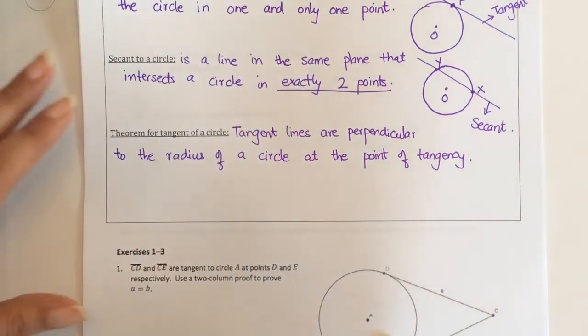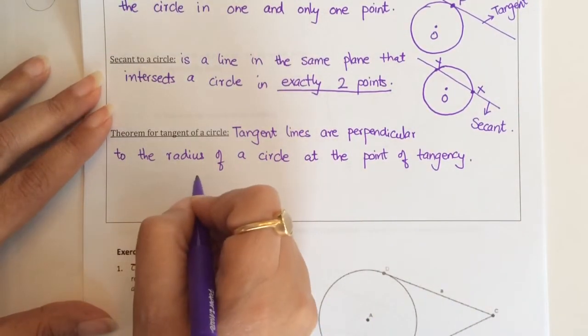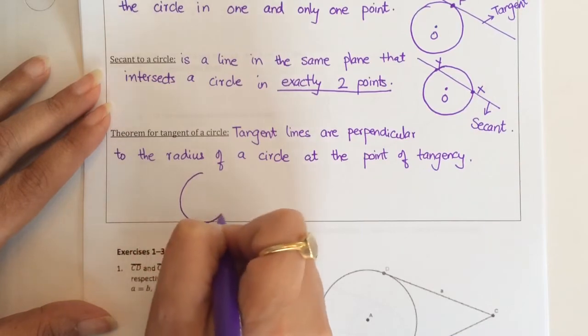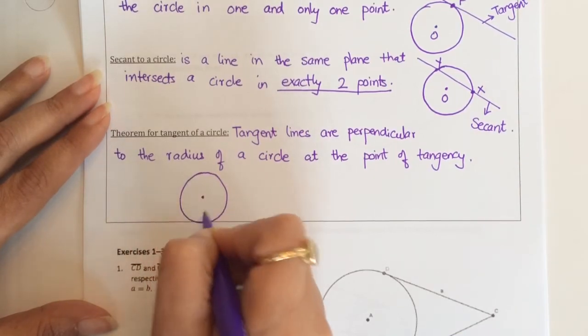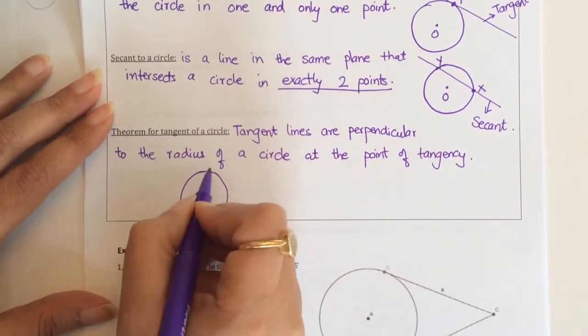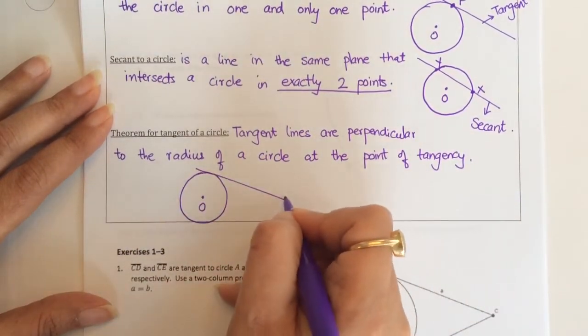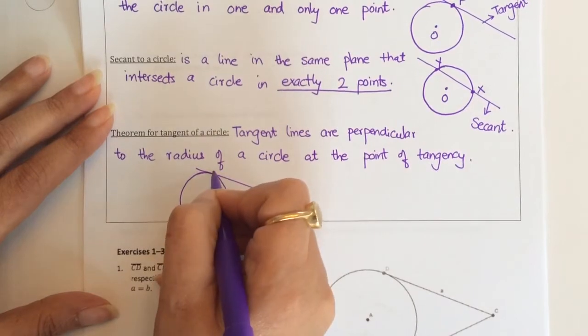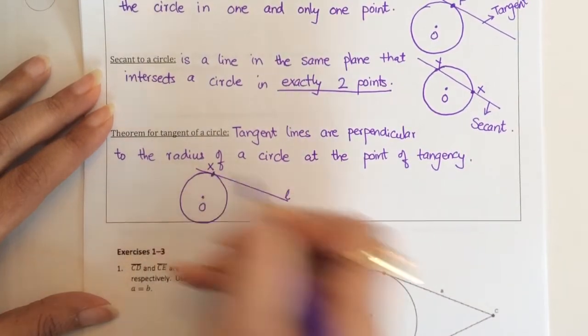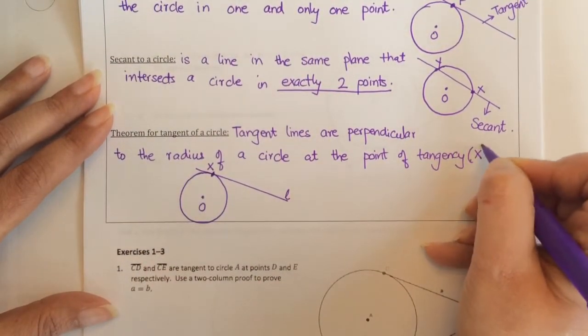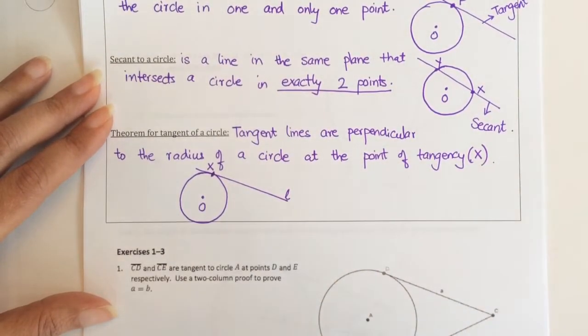What I mean by that is if we have a circle with center O and I have a line L, and the point of tangency is this point X. The point of tangency is the point where the circle touches the tangent line.